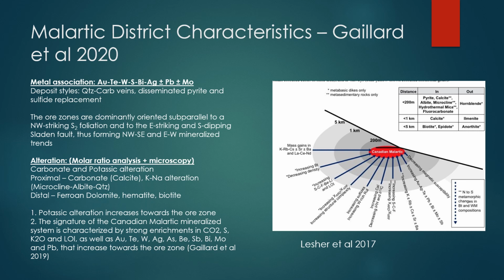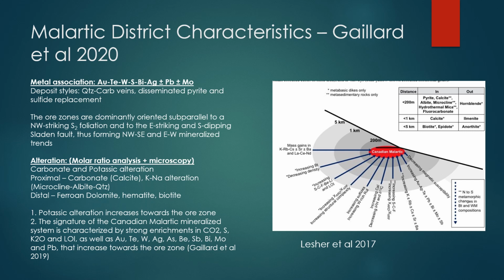This was a key finding of the Gaillard paper: we get enrichments in carbon dioxide, gold, tellurium, tungsten and silver, and these increase towards the ore zone as opposed to away from it. We also see a change in deposit style, where we get quartz carbonate veins, disseminated pyrite and sulfide replacement much closer to the deposit, where we see less of this further away.